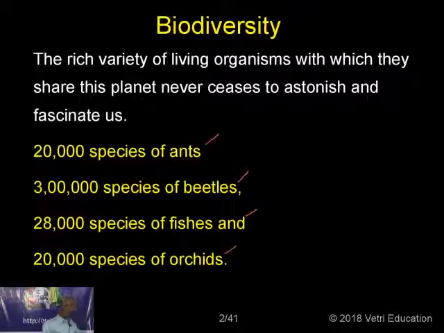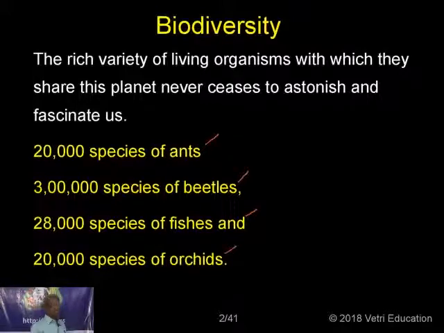The rich diversity of living organisms with which we share this planet never ceases to astonish and fascinate us. What I have given here is just an example. If you see the number of insects, angiosperms, and fungi, it is so enormous. So, this is what is called biodiversity.